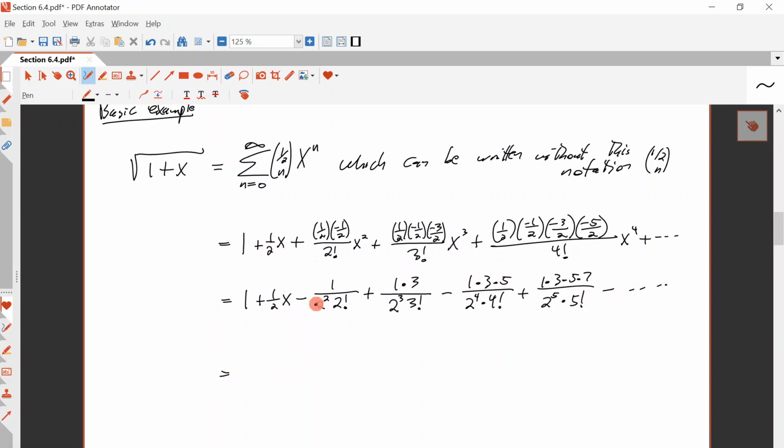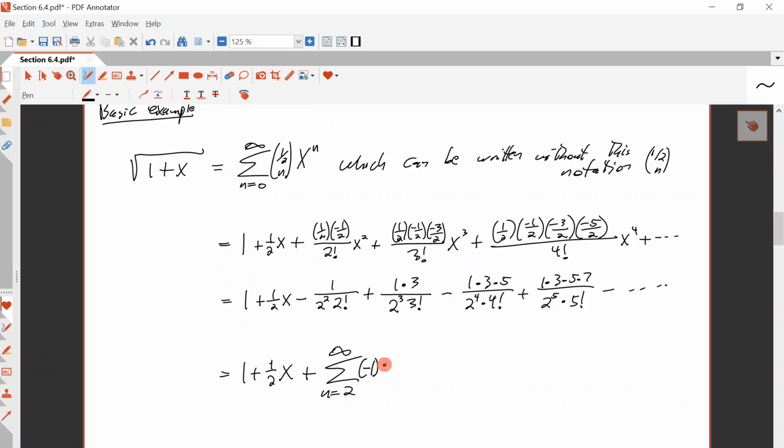So there's a nice pattern here, but the first two terms just don't fit it, so we'll put those separately. Plus the sum from n equals 2 to infinity. We have the odd numbers, and then we have positive, negative alternating. At 2 it's negative, 3 positive, 4 negative, 5 positive.